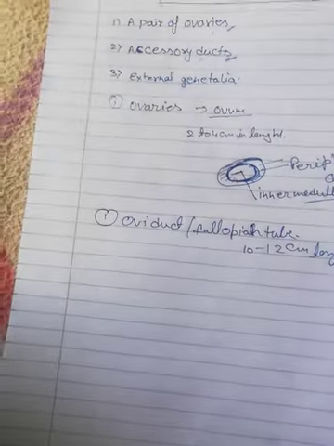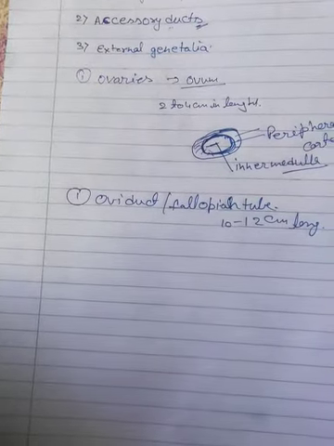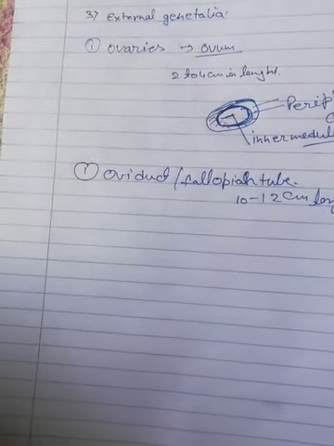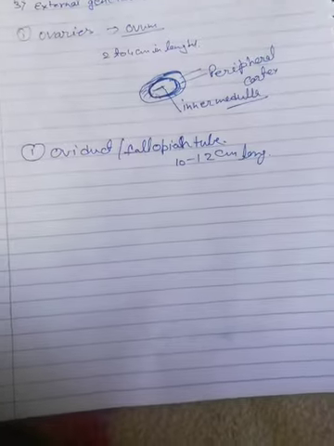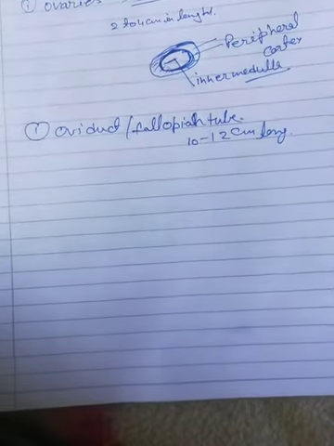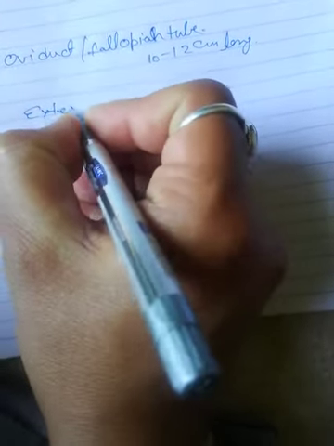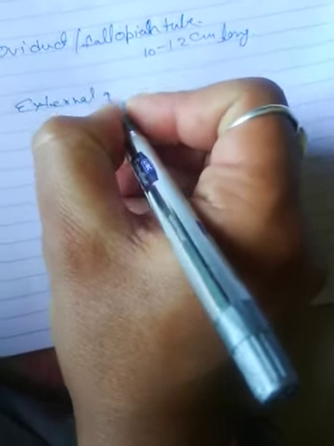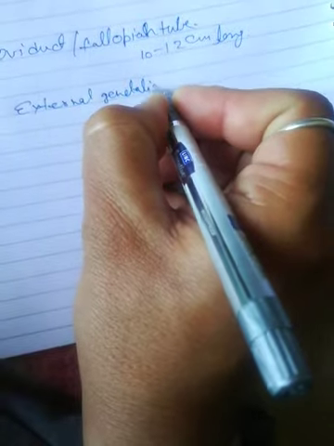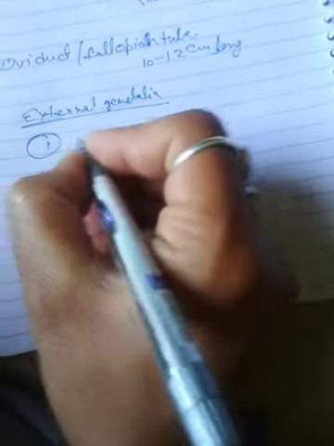And the vagina finally opens into the external genital organ. So what is the external genital organ? I am telling you about the external genitalia. It has basically a few parts.